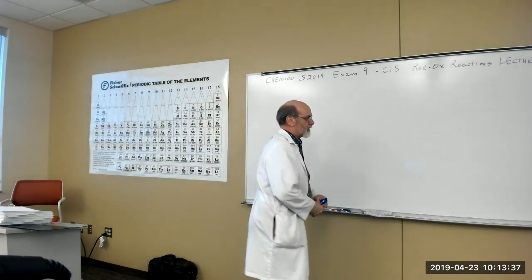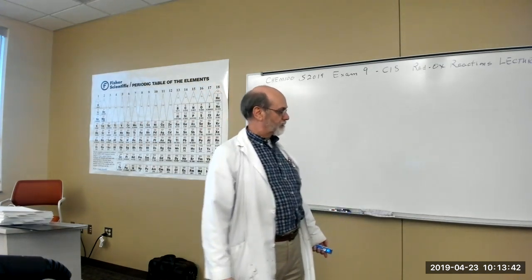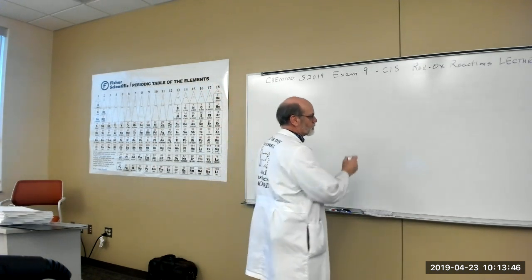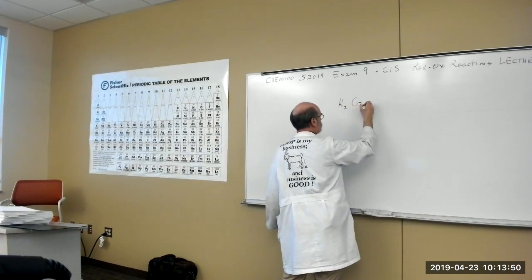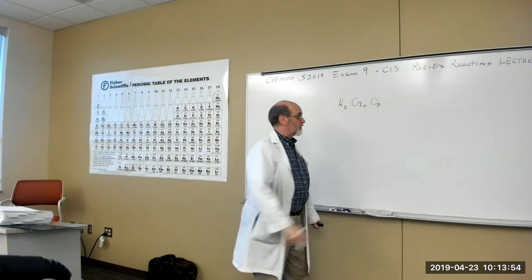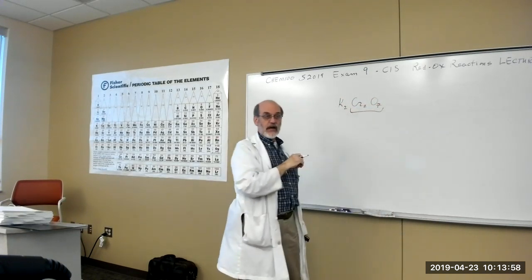So let's see if we can find the oxidation state of each of the elements in each of these compounds. So there we have K2Cr2O7. And you'll recognize this part as a polyatomic ion. It's the dichromate ion.